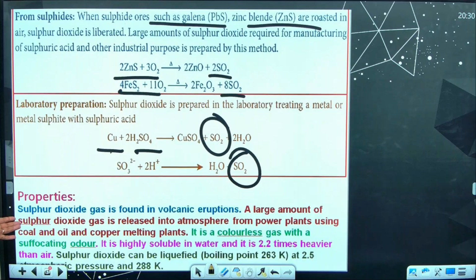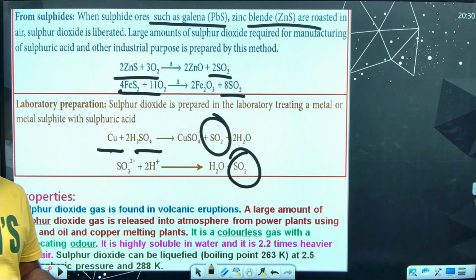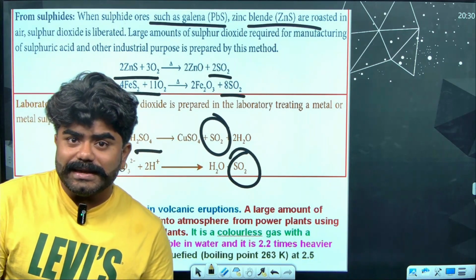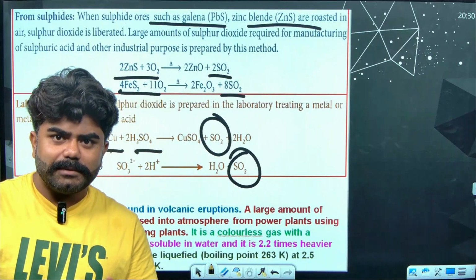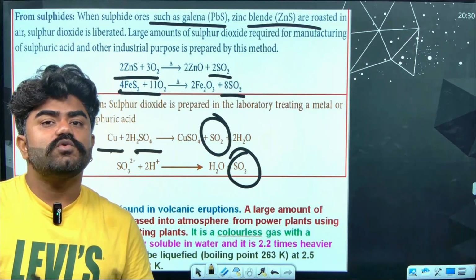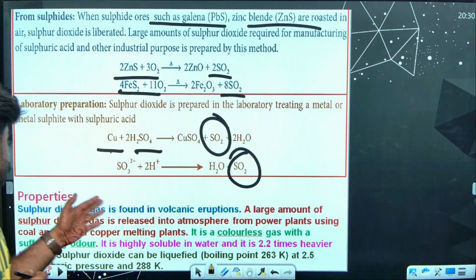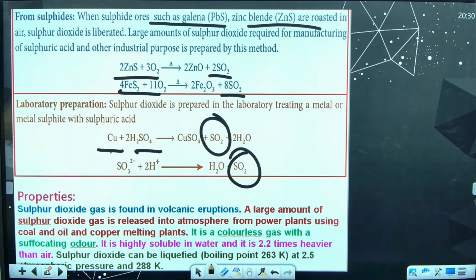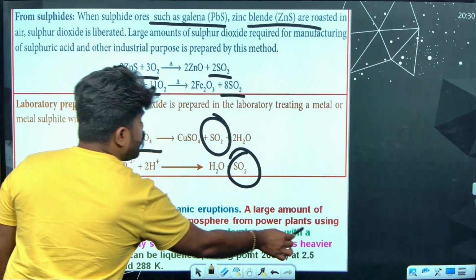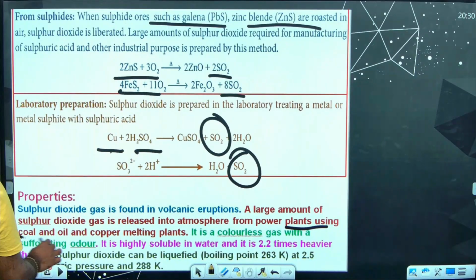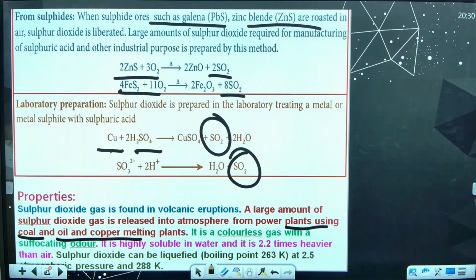And you can see the physical properties of sulfur dioxide. It is found in volcanic eruptions. Usually in regions where volcanoes erupt, the percentage of SO2 gas is higher. Okay, and a large amount of sulfur dioxide gas is released into the atmosphere from power plants using coal and oil and copper melting plants.